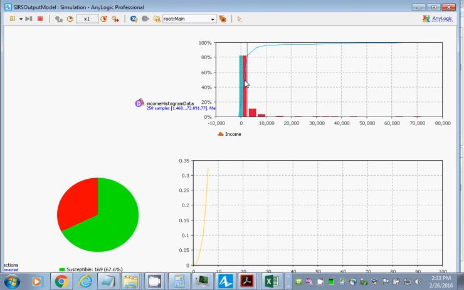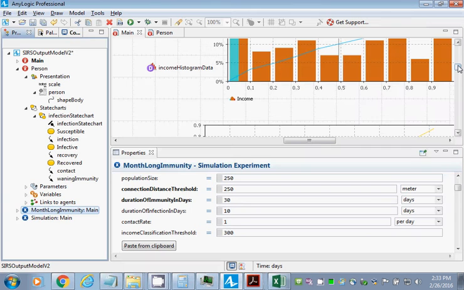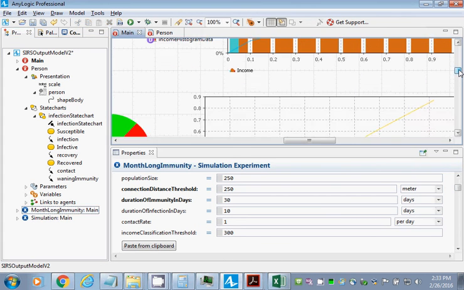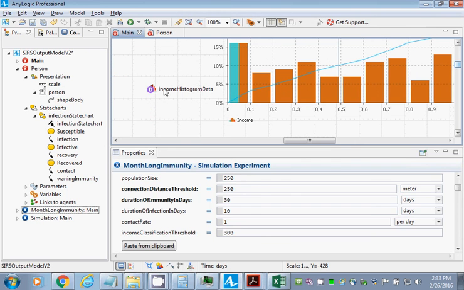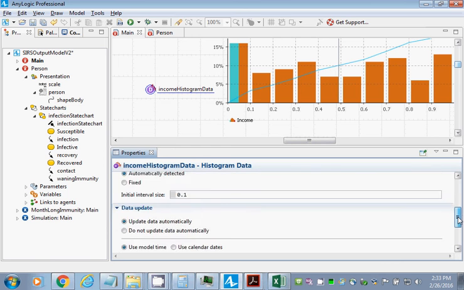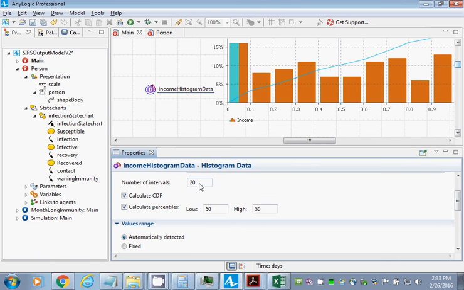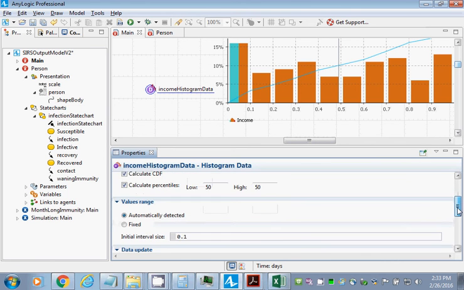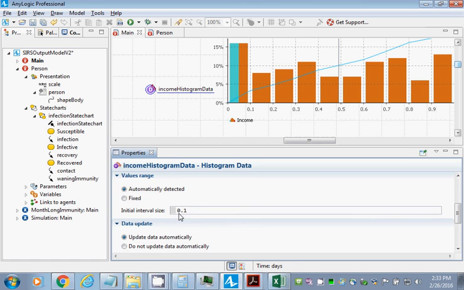So we could say plot it from 0, values range from 0 to 10,000, for example.